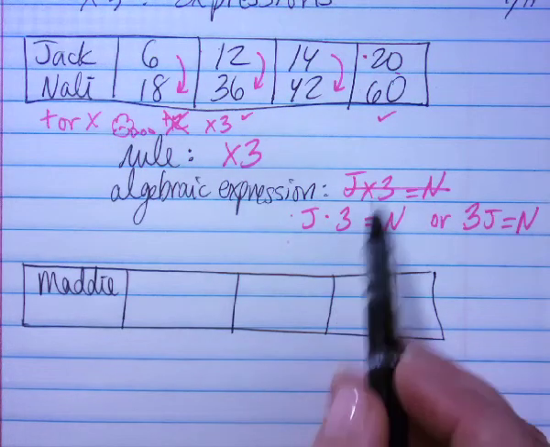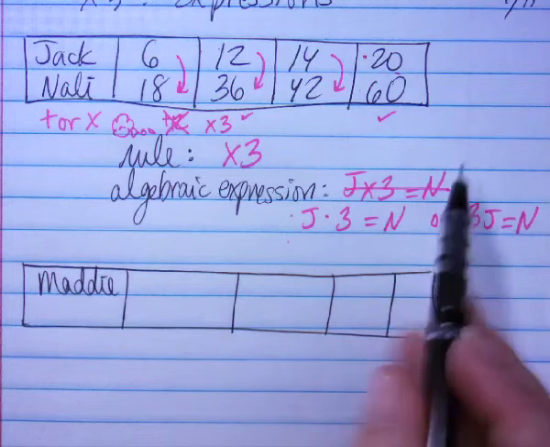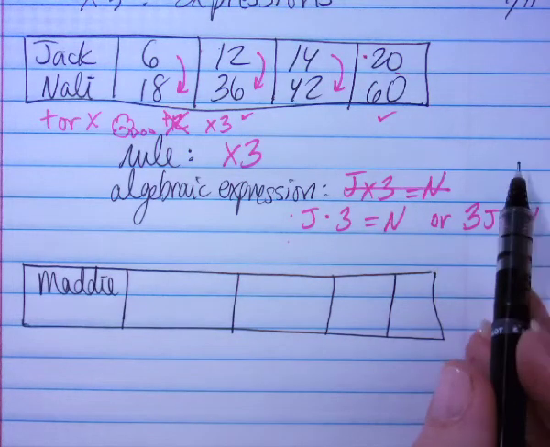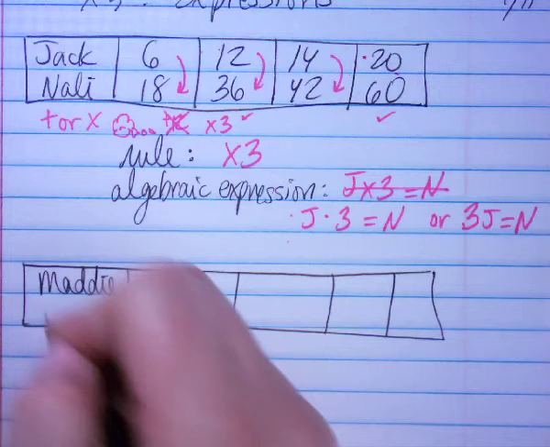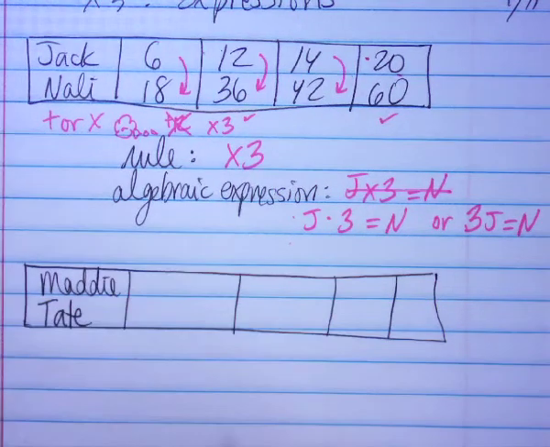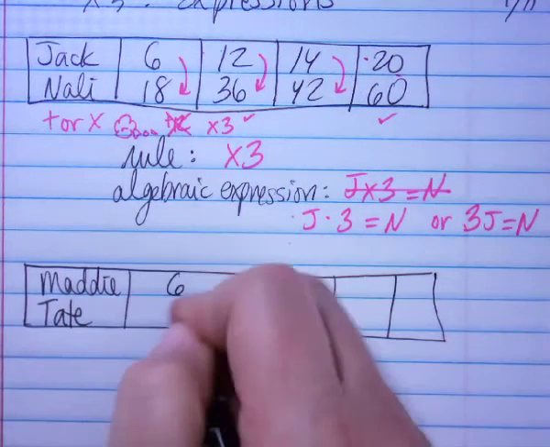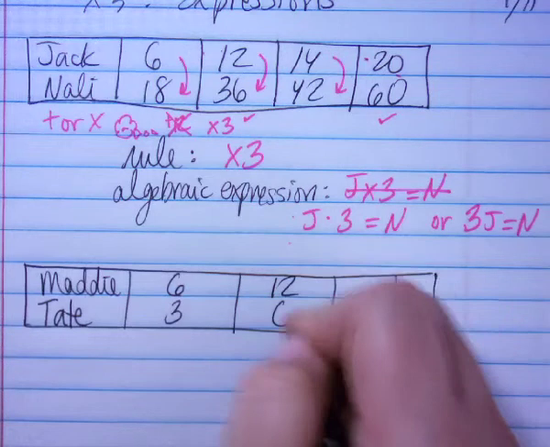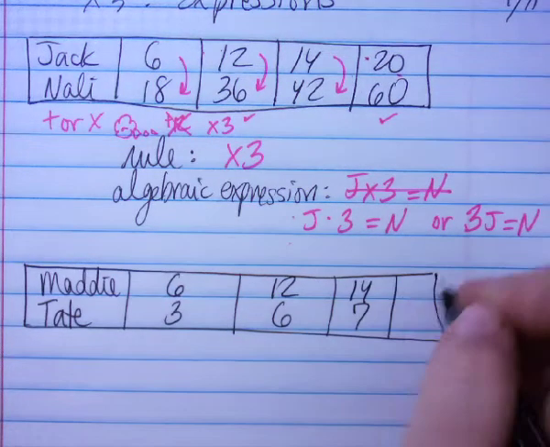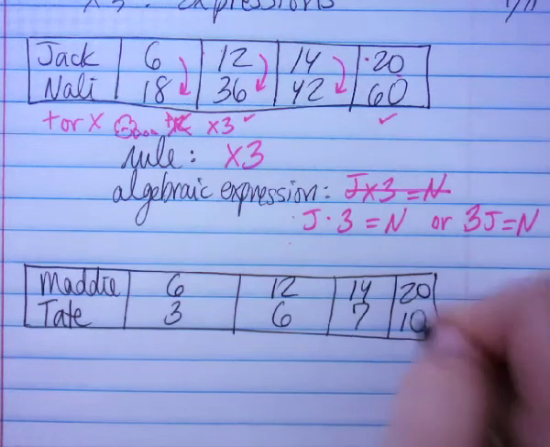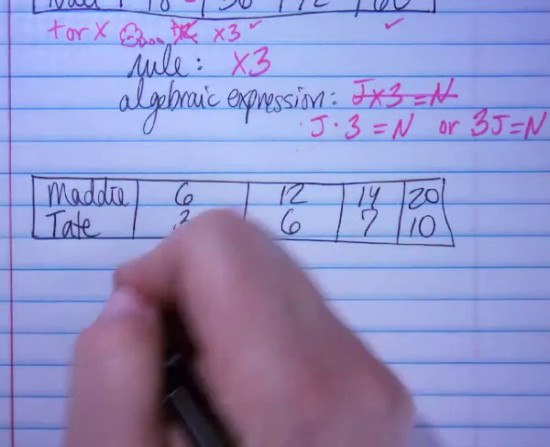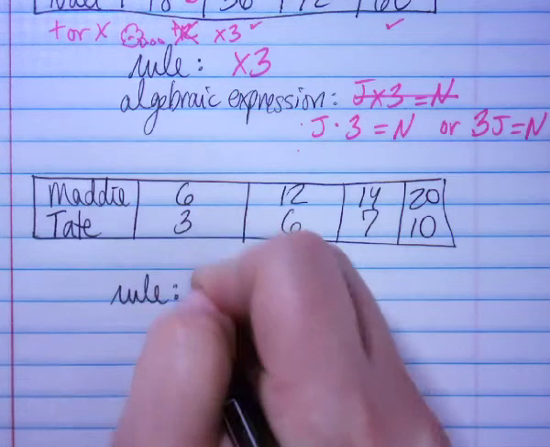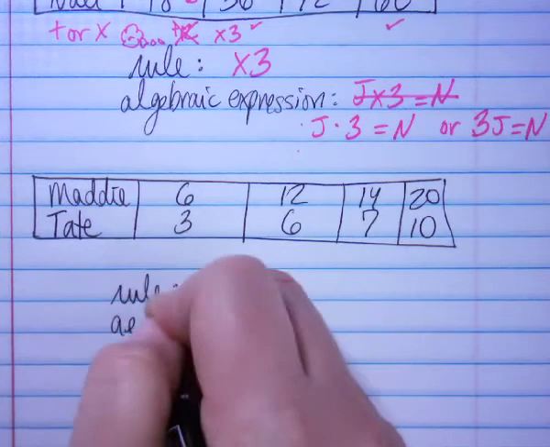So it's okay if it just says J times 3 or 3J. That's okay. All right, and I'll do Tate. So we have 6, 3, 12, 6, 14, 7, 20, and 10. We need to figure out our rule and our algebraic expression.